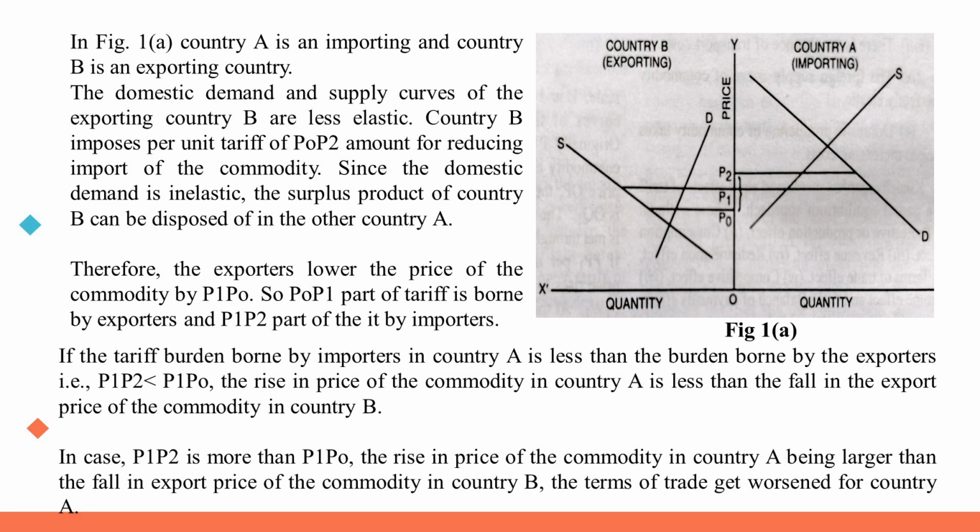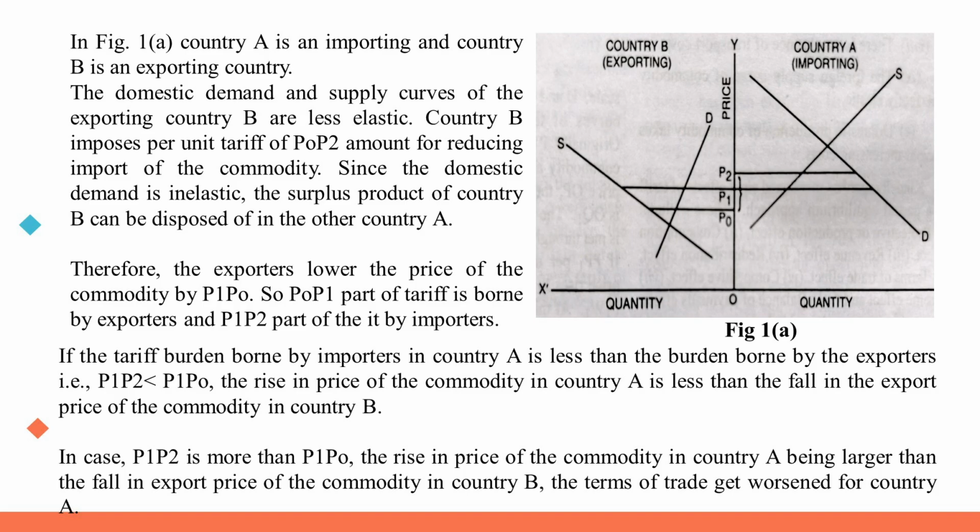Since the domestic demand is inelastic, the surplus product of country B can be disposed of in the other country A. Therefore, the exporters lower the price of the commodity by P1 P0. So, P0 P1 part of the tariff is borne by exporters and P1 P2 part of it by importers.